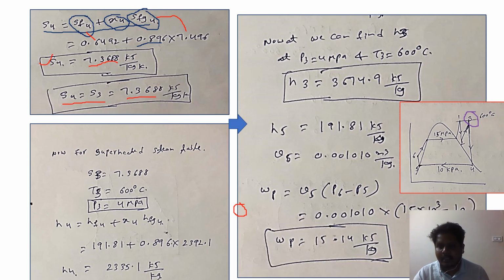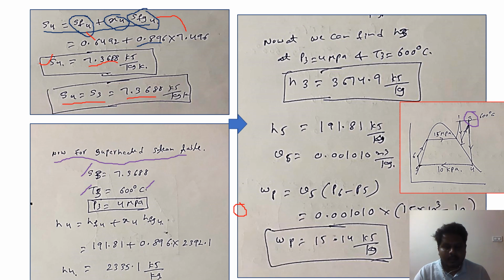Here the point 3 is in the superheated region, so we have to refer to the superheated steam table. If you refer to the superheated steam table, at point 3 we know the entropy value we just calculated, and also we know the temperature, 600 degrees centigrade, which is already given in the problem.